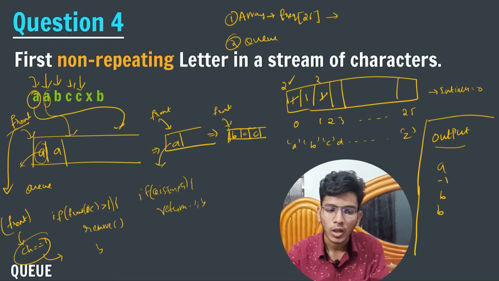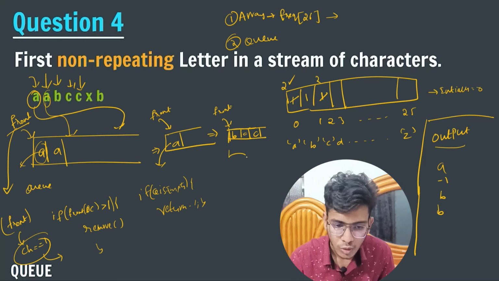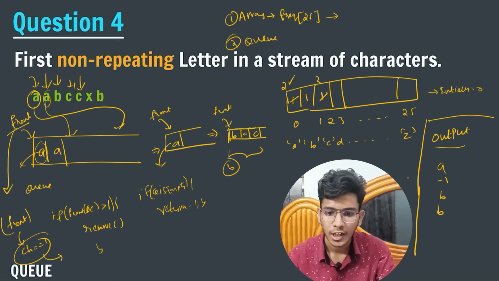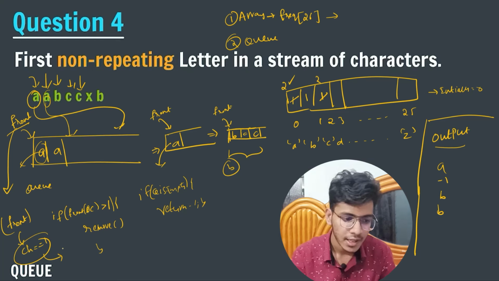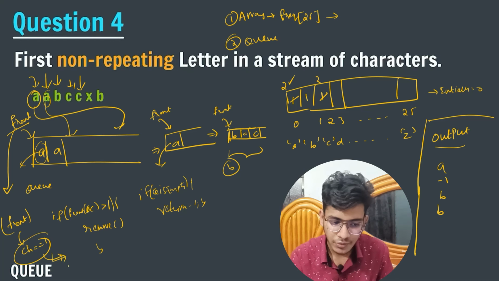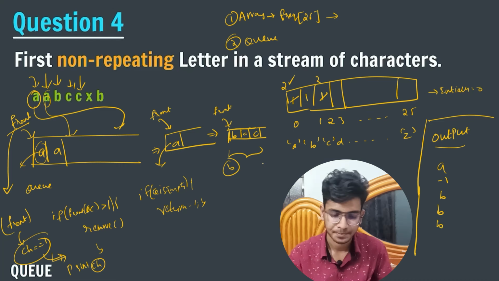Now again, what is the front element present in my queue? The front element is B, and the occurrence of B is 1. If the occurrence of that particular character is 1, then print that character. So I will print that character here again.